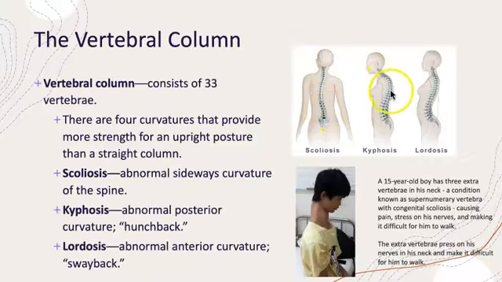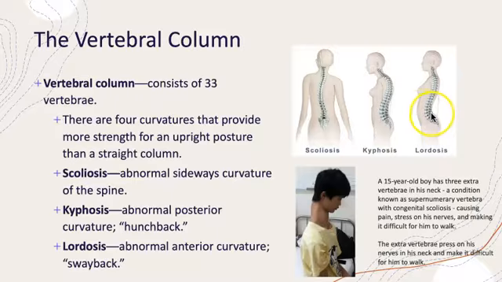We could have kyphosis when we have an abnormal posterior curvature of our upper thoracic vertebrae, which is known as hunchback. And then we have lordosis, where we have an abnormal anterior curvature of the lumbar vertebrae.